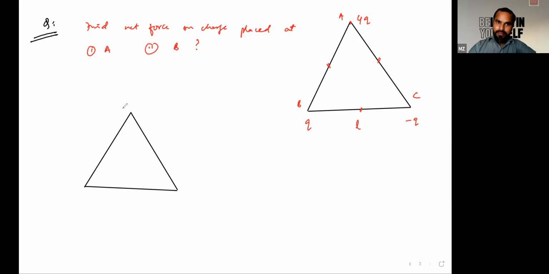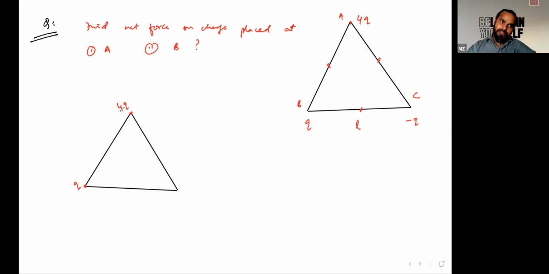We have to calculate the net force on charge A. So this is your 4Q. This is your Q. First, the force on charge A due to charge B. Would it be repulsive or attractive? We have 4Q, we have Q, so it would be repulsive.